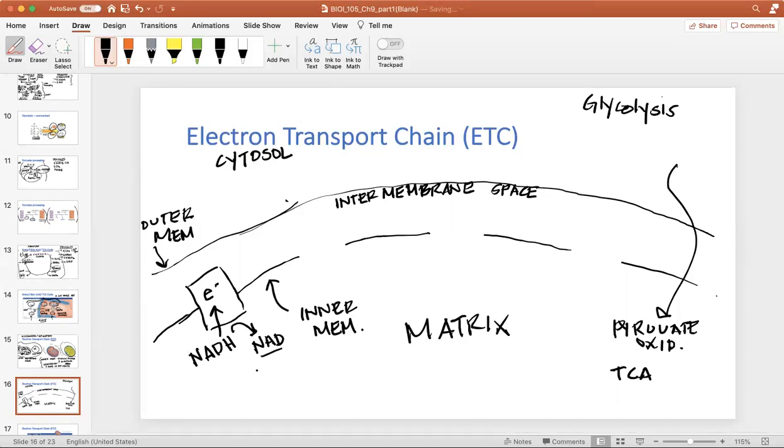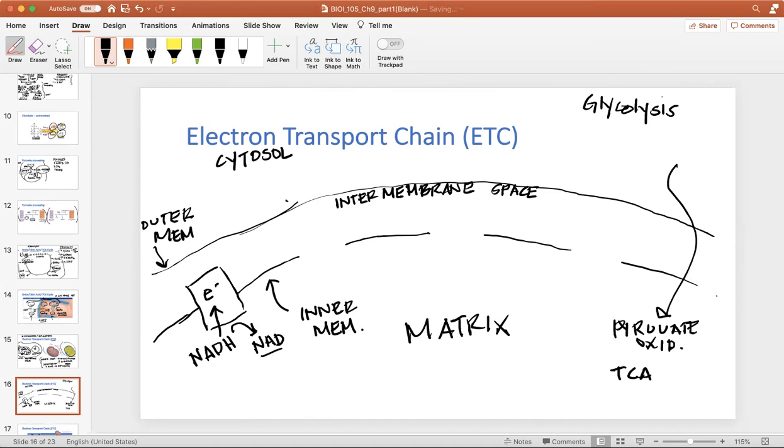That's actually kind of important. Now we've regenerated some NAD that can go back into our earlier reactions, like our pyruvate oxidation or glycolysis or the citric acid cycle. So we're actually regenerating some of the things that we need to keep these processes going.